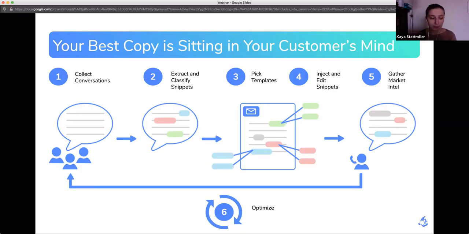And then step number 6, you need to constantly optimize it, because the buyers are changing faster than your messaging. So whenever you see that your emails are not performing, you need to act on it. If you are just starting to send cold emails, the first target is around a 10% reply rate.